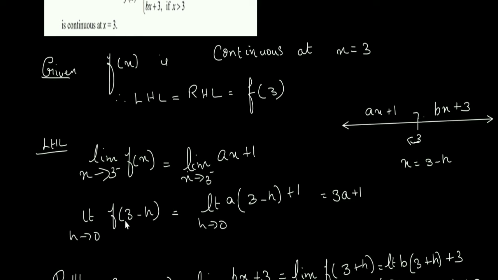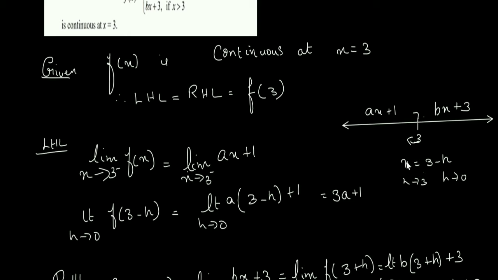How do you find f of 3 minus h? In the place of x, you substitute 3 minus h. So a into 3 minus h plus 1, limit h tends to 0. When x approaches 3, h approaches 0.